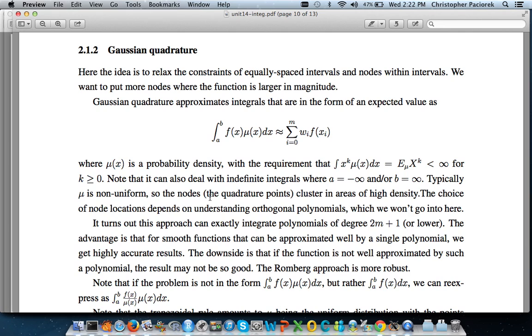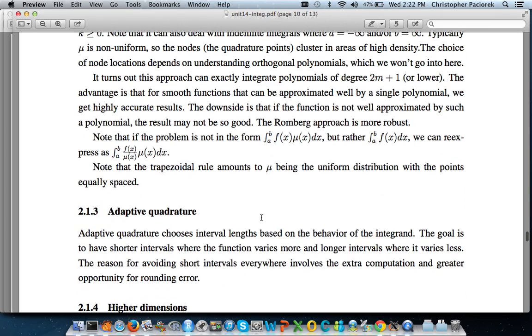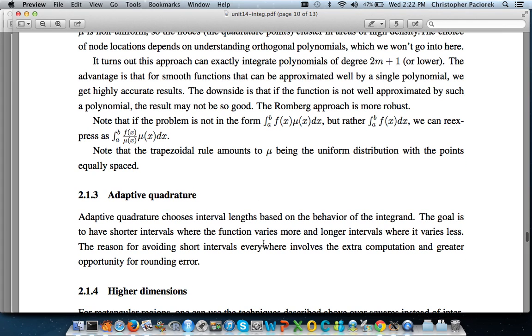So in terms of Gaussian quadrature, what happens is these nodes, these xi's, the points at which you evaluate the function, cluster in areas of high density of this probability density. And if you go even further and take an adaptive approach, you would choose where these points are and how tightly clustered they are based on how wiggly the function is in different parts of the domain.